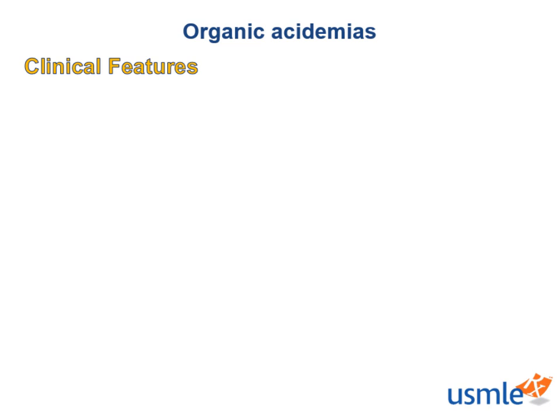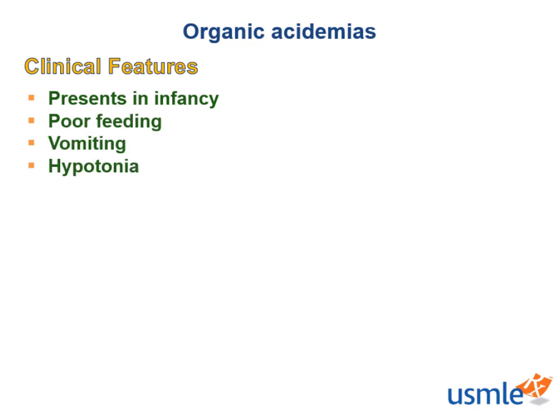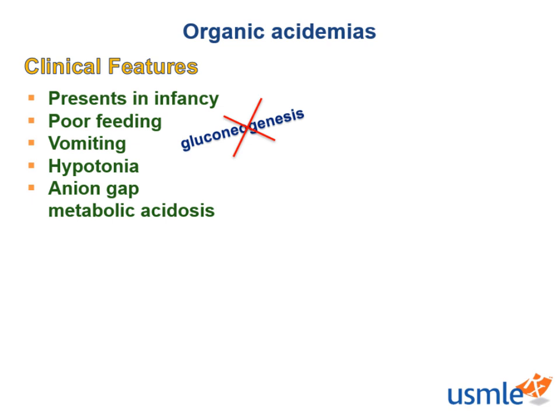Organic acidemias occur in infancy and cause classical findings of poor feeding, vomiting, hypotonia, and anion gap metabolic acidosis. It causes an acidotic state by inhibiting gluconeogenesis, which causes decreased fasting blood glucose levels, causing a ketoacidosis, which results in a high anion gap metabolic acidosis.